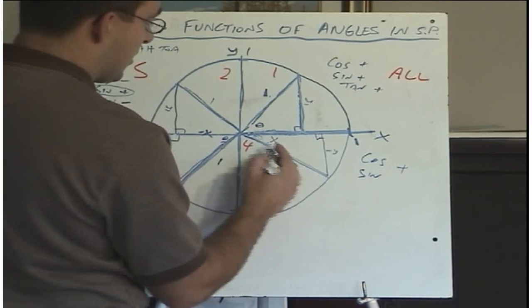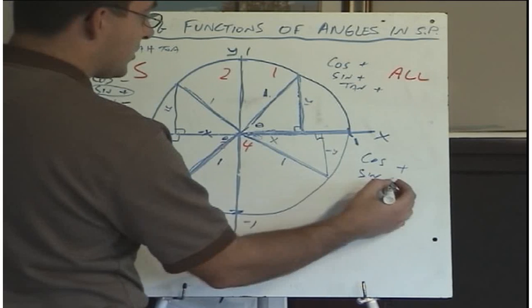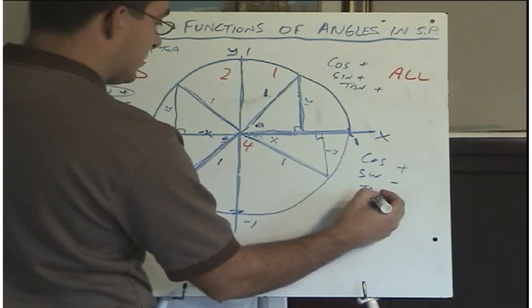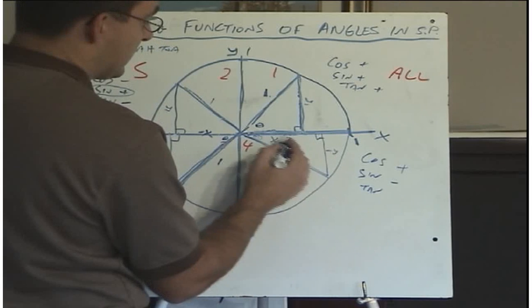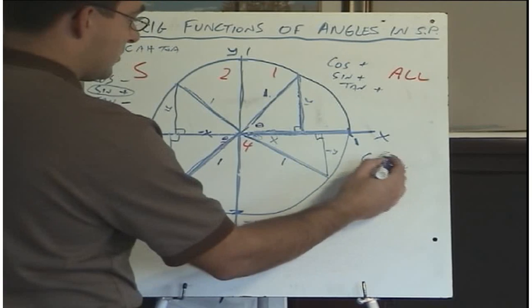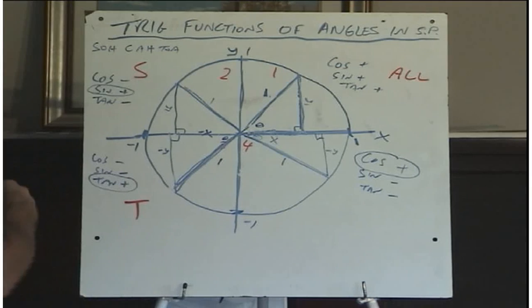Sine, opposite over hypotenuse, a negative divided by a positive is a negative. And tangent would be negative divided by positive, opposite over adjacent. Tan is also negative. So in this quadrant, the only thing that seems to be positive is cosine.